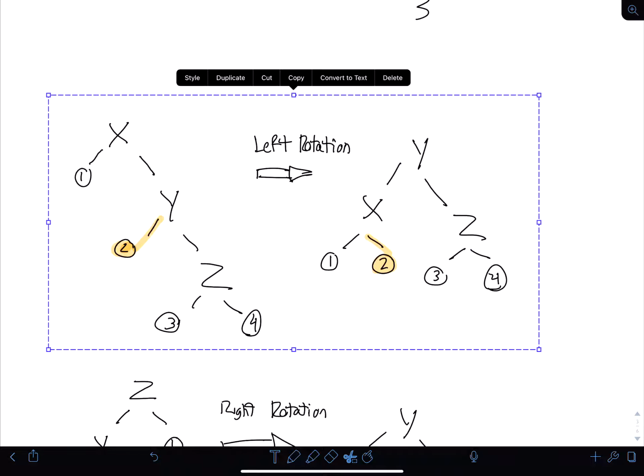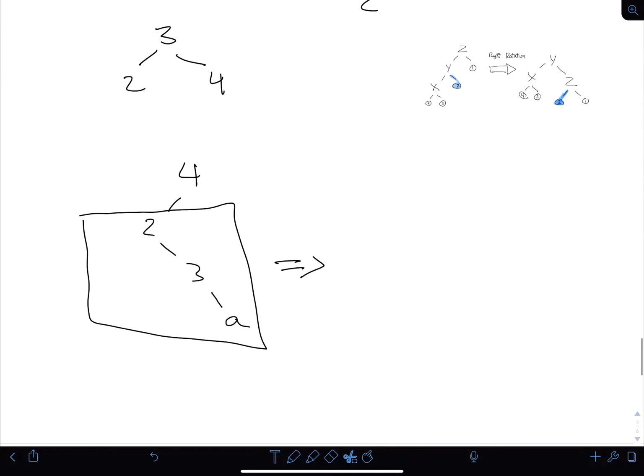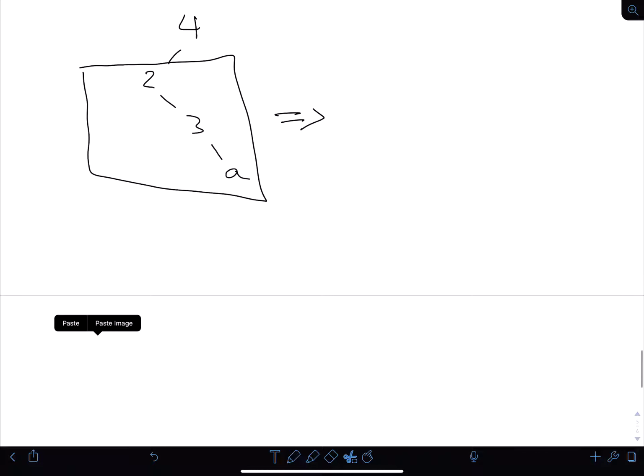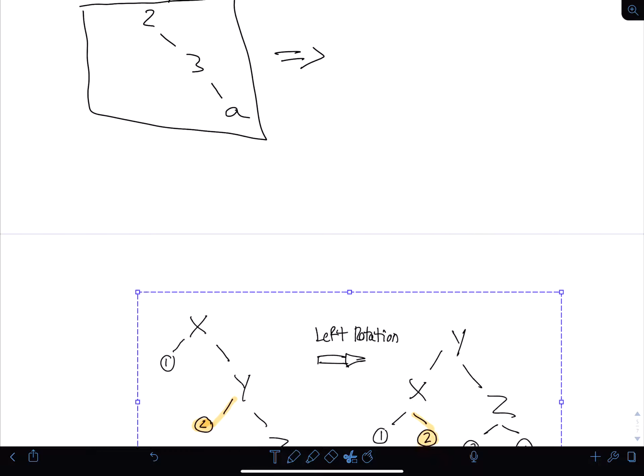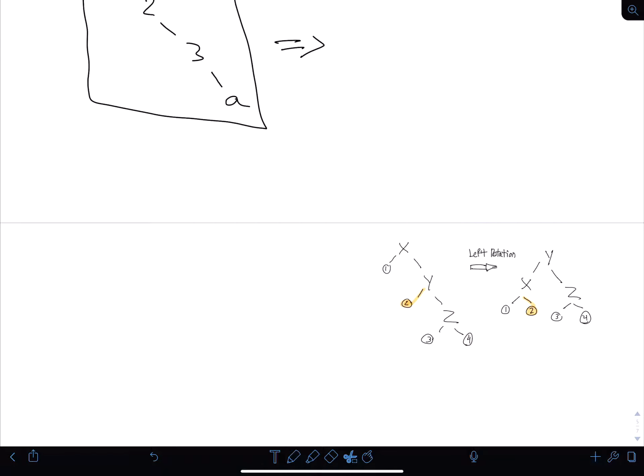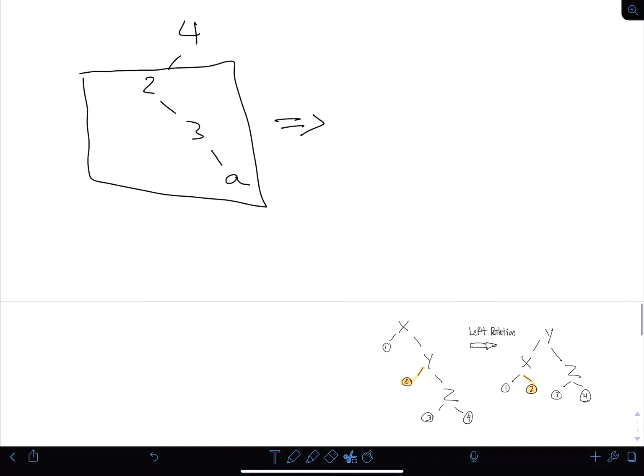If you remember that in the AVL, in the test, you should be good to go if you had like 5 hours to derive everything else, right? But you don't, so you might have to practice a little bit beforehand. Because using that, 3 goes up here, 2 goes here, A goes here.